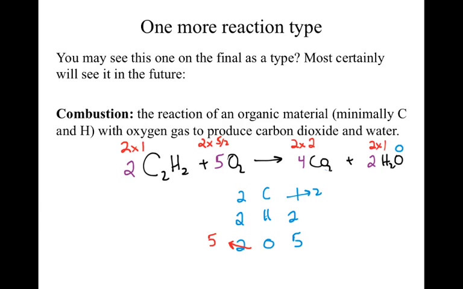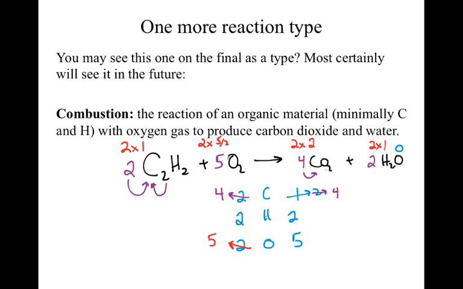So let's see if I did this right, because who knows, maybe I failed at this. For carbon, I've got a coefficient and a subscript. My 2 needs to become 4 on my reactant side. On my product side, it's just my coefficient across, so my 2 again becomes 4. So far, not so bad.